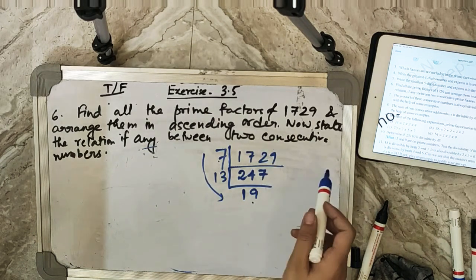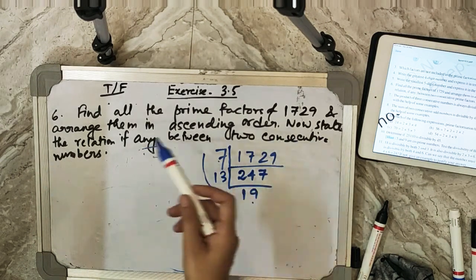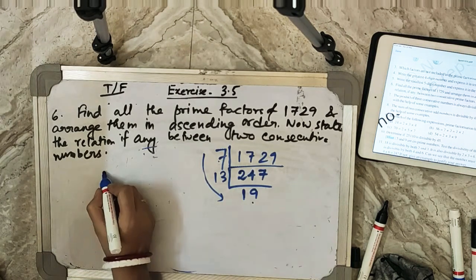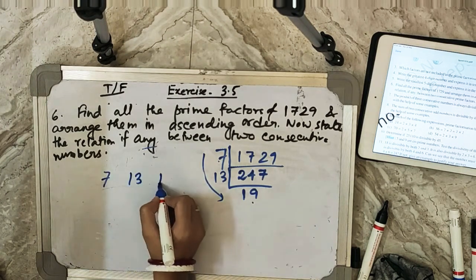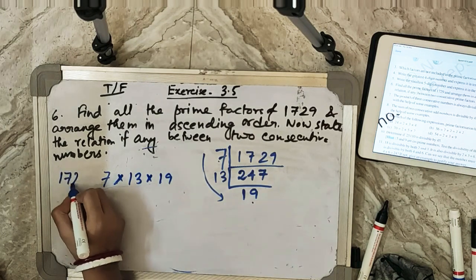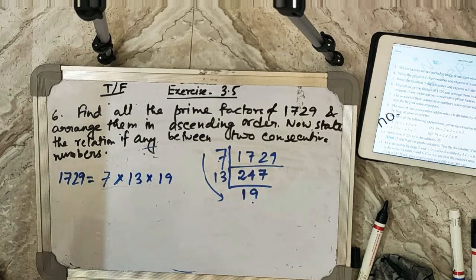Now in the question it is given, state the relation if any between two consecutive numbers. Okay. Now 7, 13, 19. These are the prime factors of 1729. Okay.